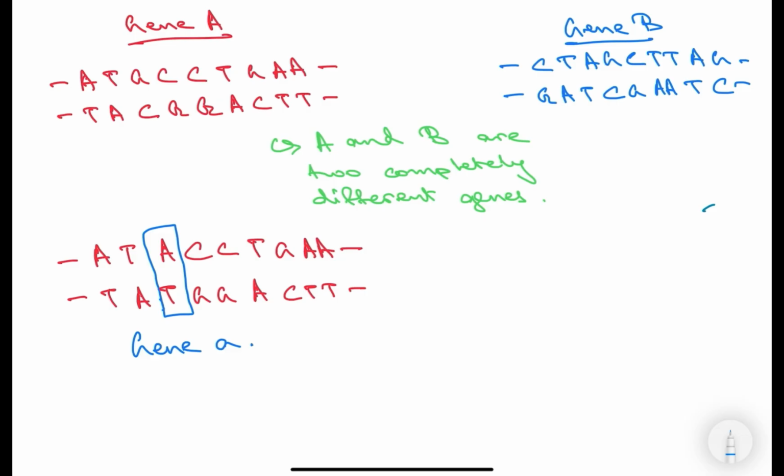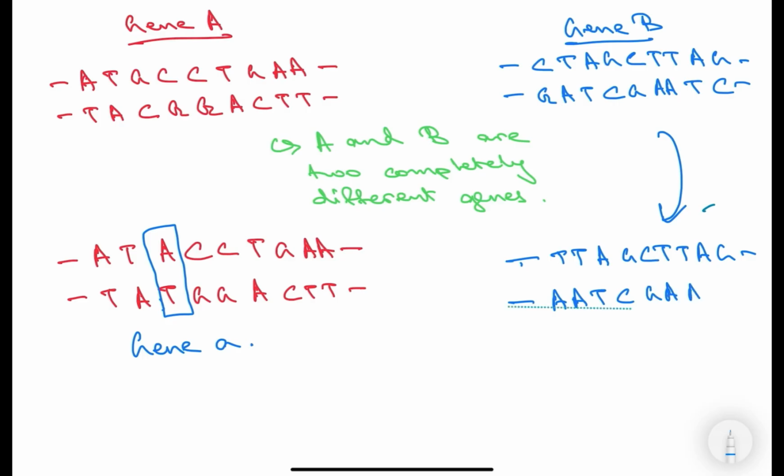Similarly, suppose there's a change like T, T, A, G, C, T, T, A, G, and here it's A, T, C, G, A, T, C. We can observe that there is a change only in this base pair.